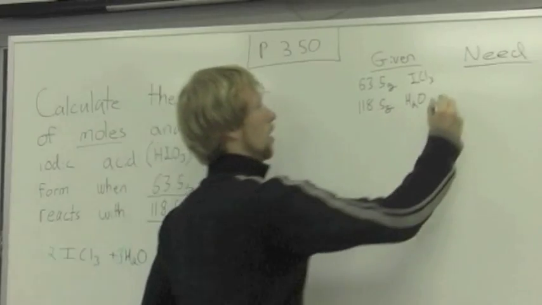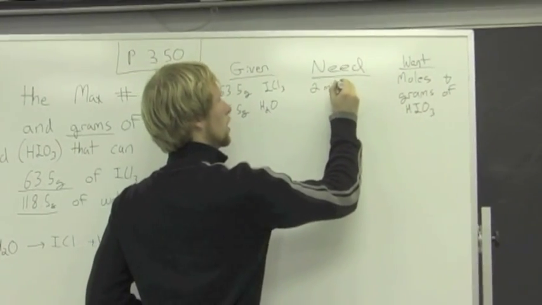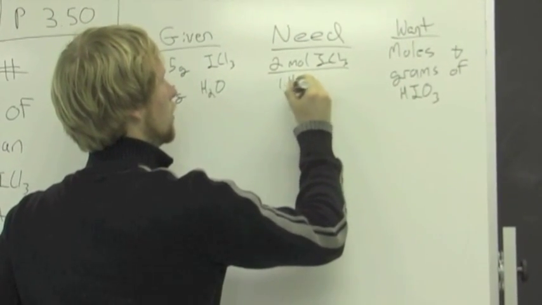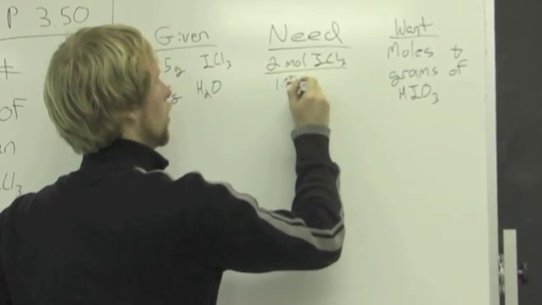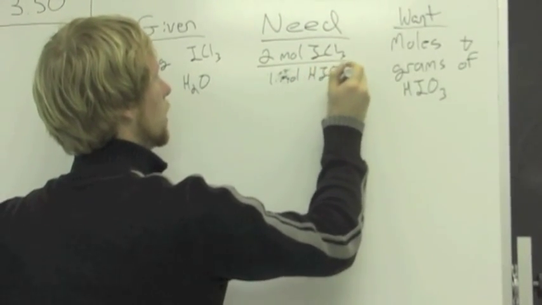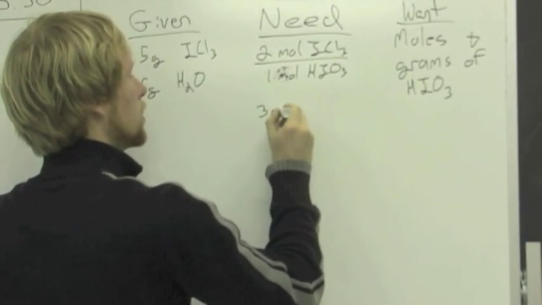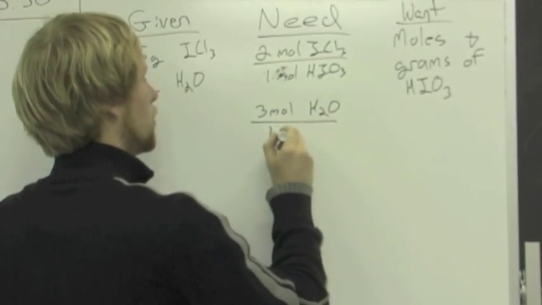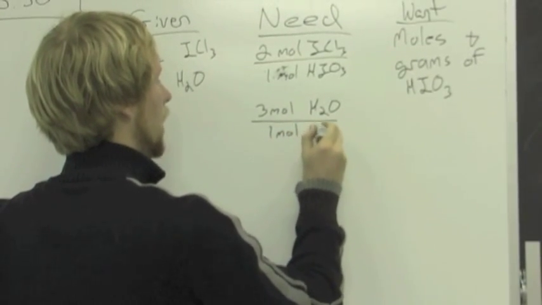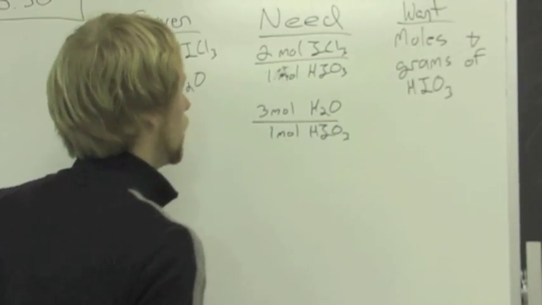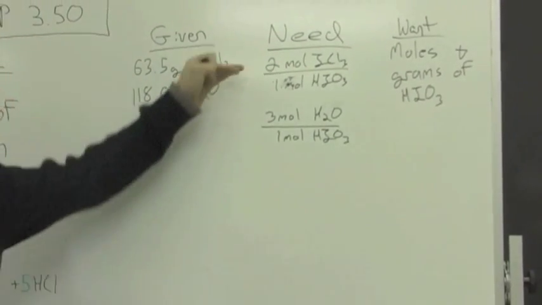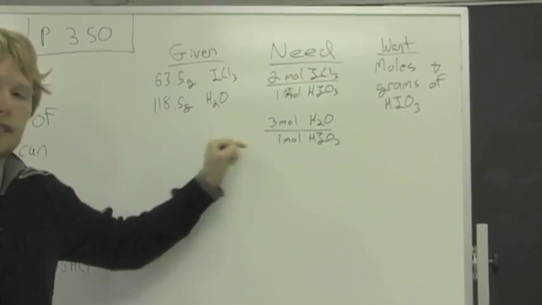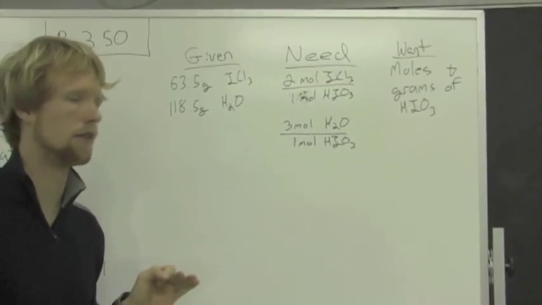We know that there are 2 moles iodide trichloride for every 1 mole of iodic acid, and that there are 3 moles of water for every 1 mole of iodic acid. Okay, so now if we can figure out how many moles of each of these we have, we can figure out how many moles of this each of them can make. So let's do that calculation very quickly.